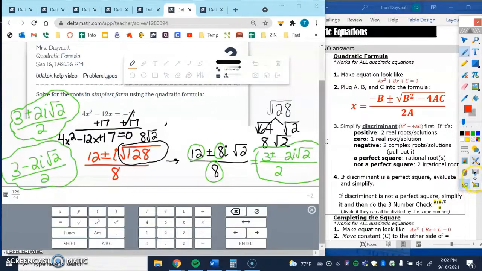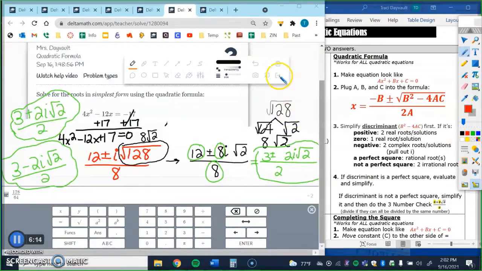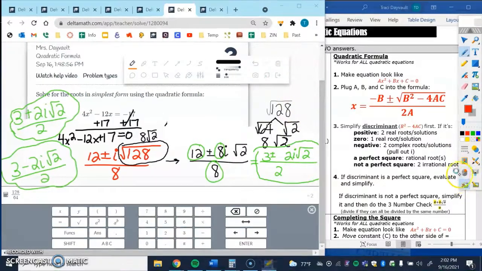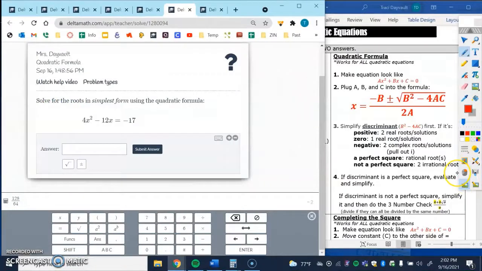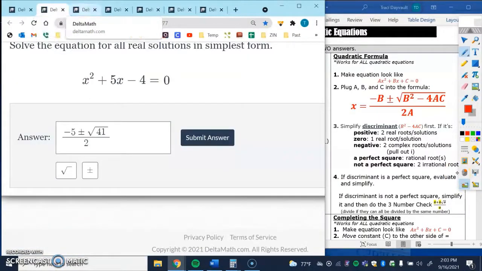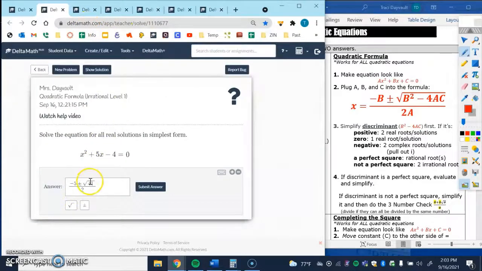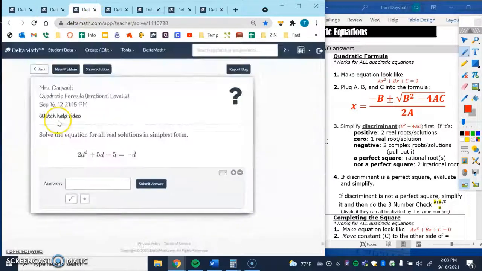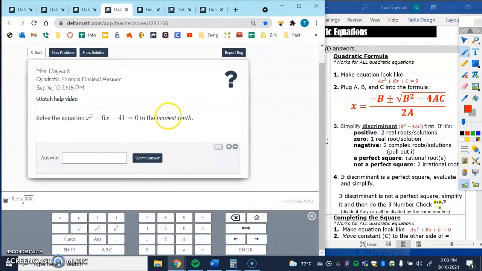So basically, as long as you know this formula, all you have to do is plug in a, b, and c. Remember, get it in standard form first. And then what you do with your answers is going to be a little bit different based on what the directions say. Sometimes it's just going to be reducing, kind of like this here. If it says to round it, then it wants decimal answers.